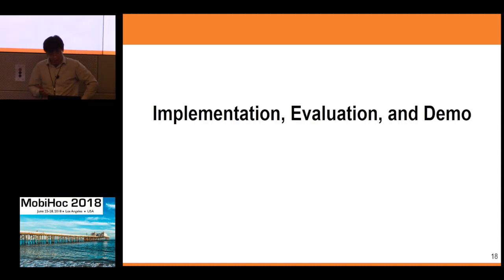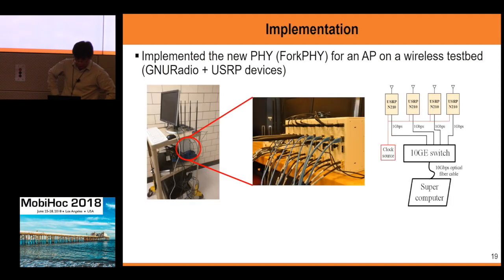The rest will focus on the implementation and the evaluation, and I will give a demo. We implemented this solution on a wireless testbed. We use radio front ends and USRP devices, and we implemented the new PHY design for the AP on our computer.